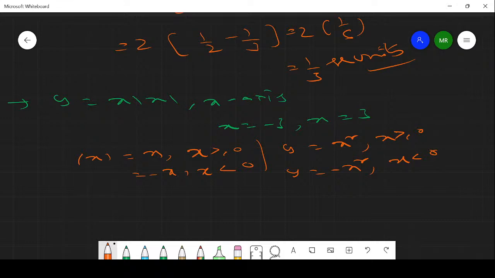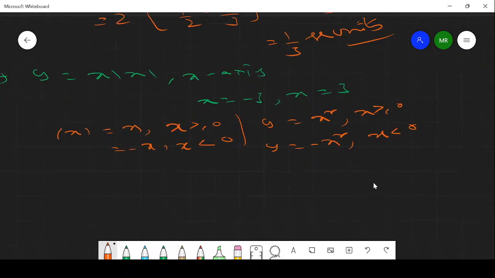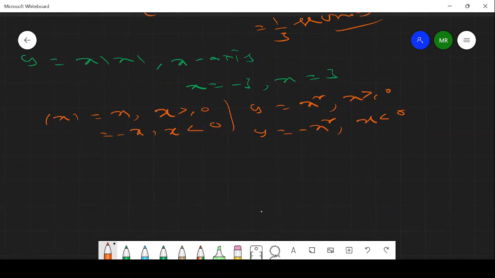Now they are asking for the area between minus 3 and 3. You know the shape of the parabola y equal to x square; I have just discussed that. Drawing the graph is important here, then you will understand this. For y equal to x square with x greater than or equal to 0, the shape is an upward parabola, but only the positive part is considered. So I should consider only the right side part. It will go like this. This is y equal to x square when x is greater than or equal to 0, only one side.